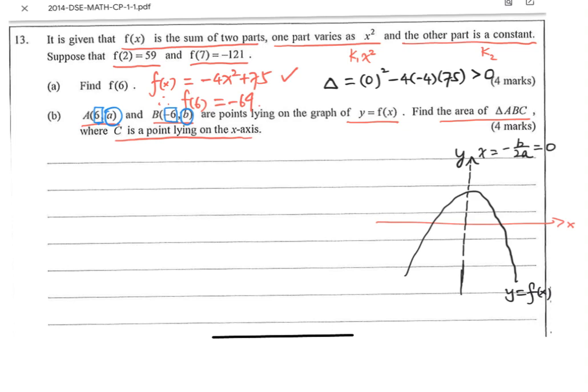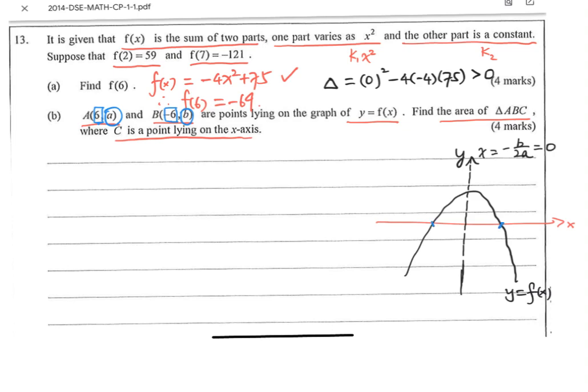A must equal to B, okay? But we don't know the values of A or B. Okay, so let me assume negative 6 and 6.